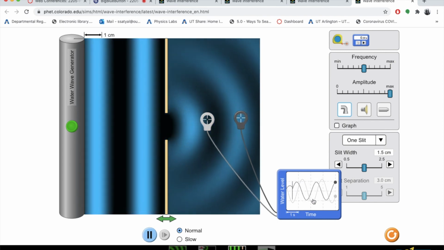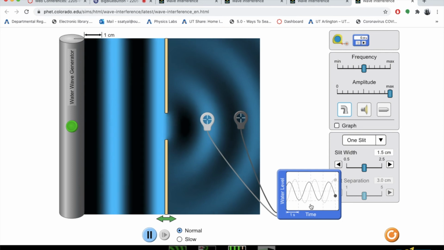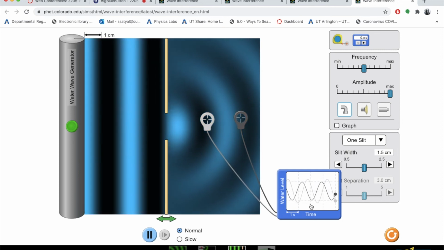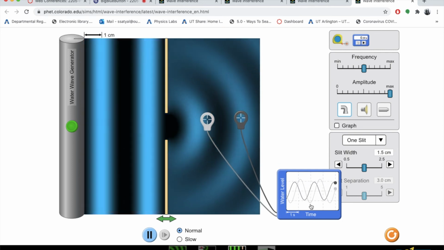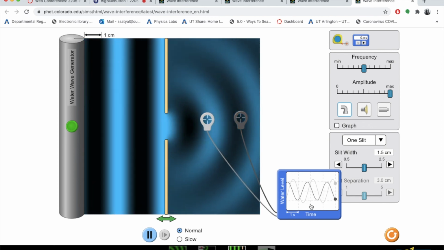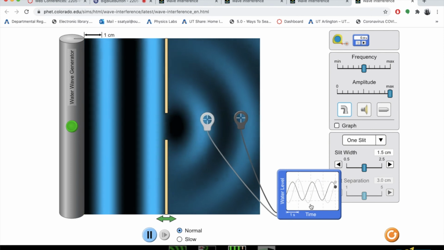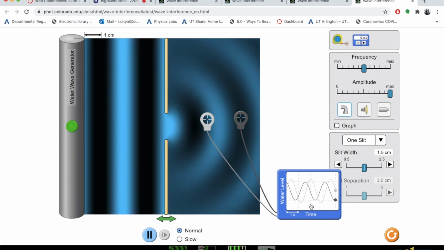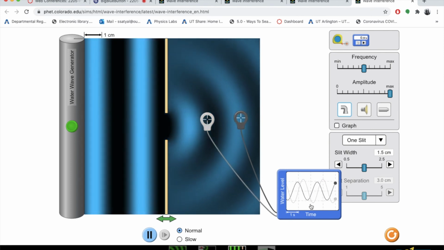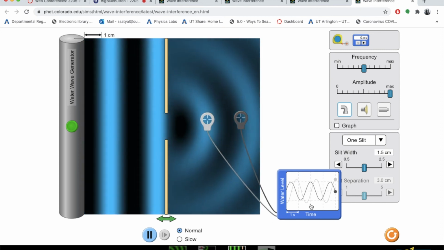You see they're not exactly out of phase or in phase. They are off by maybe 45 degrees, not out of phase by 90, opposite. So you get my point.